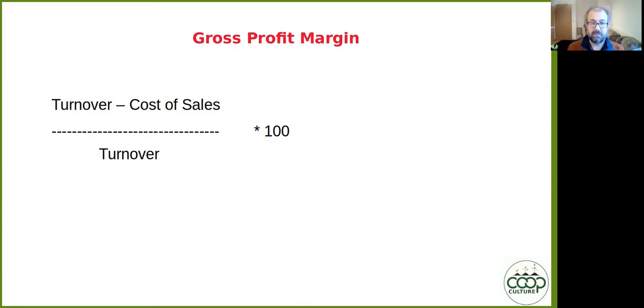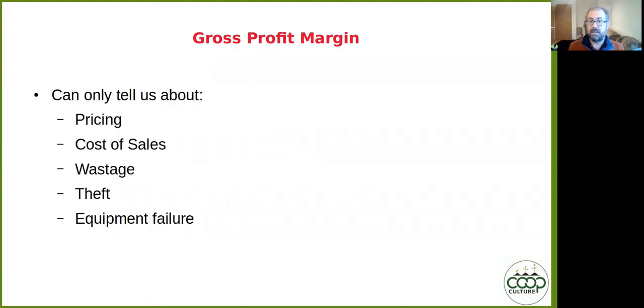It can't tell us about the volume of sales. It can only really tell us about that relationship, how efficient we are at producing. So it tells us about our pricing policy, our purchasing policy, and the cost of sales. It tells us about our efficiencies. Do we have any wastages? So now we're going to look at some examples and see what information we can extract.